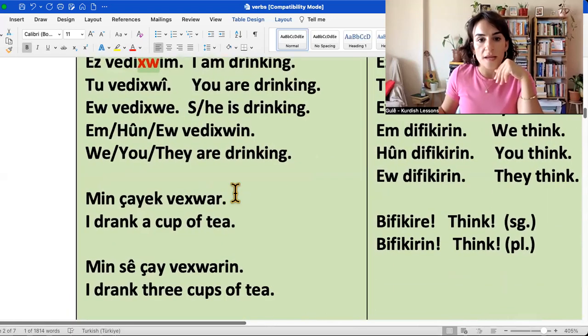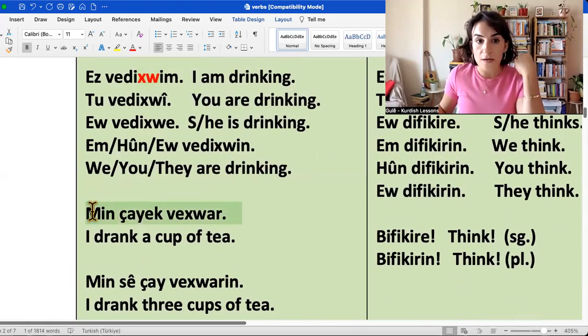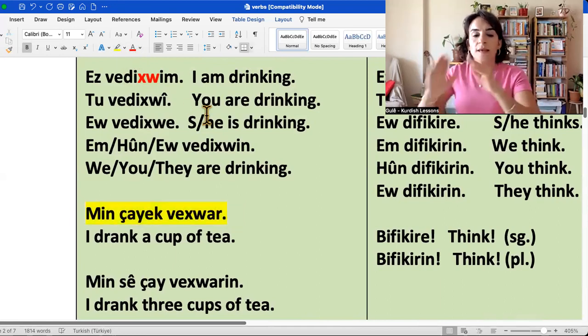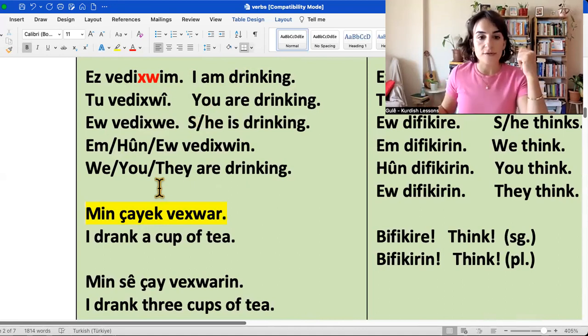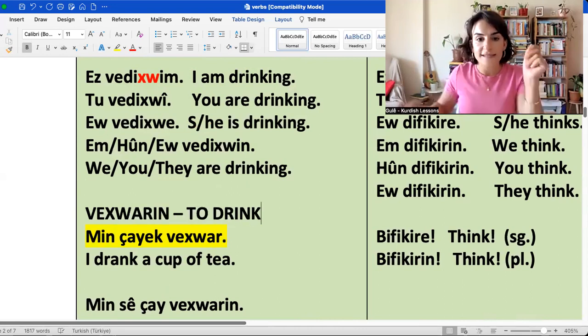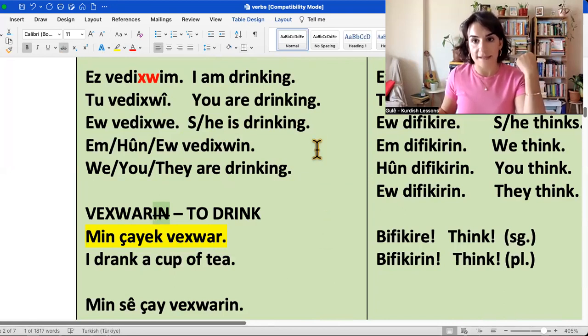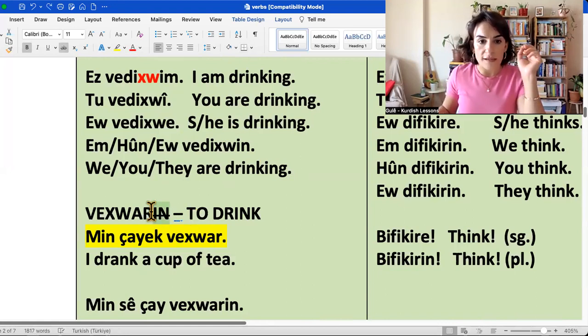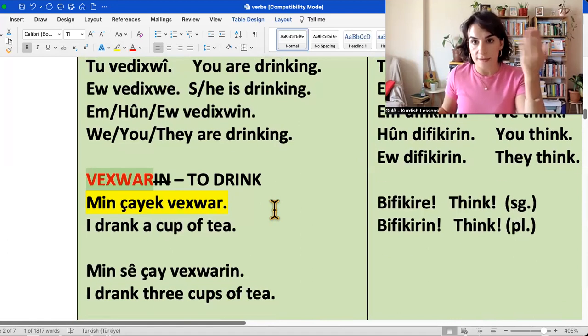And here there is an example with past tense. Min chayek vahwar. Our verb was vahwaran, right? For the past stem, you remove an, and vahwar is the stem of the past.